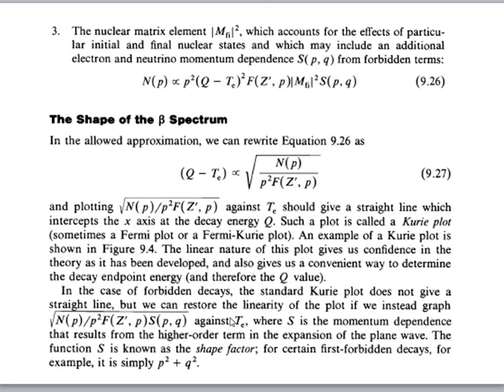Here S is known as the shape factor, where S is the momentum dependence that results from the higher order terms in the expansion of the plane wave. So when we expand the plane wave for higher terms, there come the forbidden decays. Then this plot versus T will give a straight line. So we wind up this Fermi theory of beta decay here.